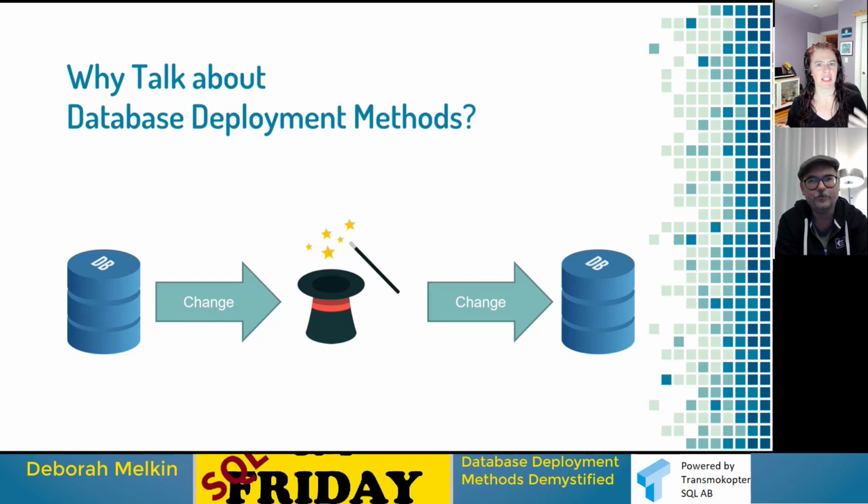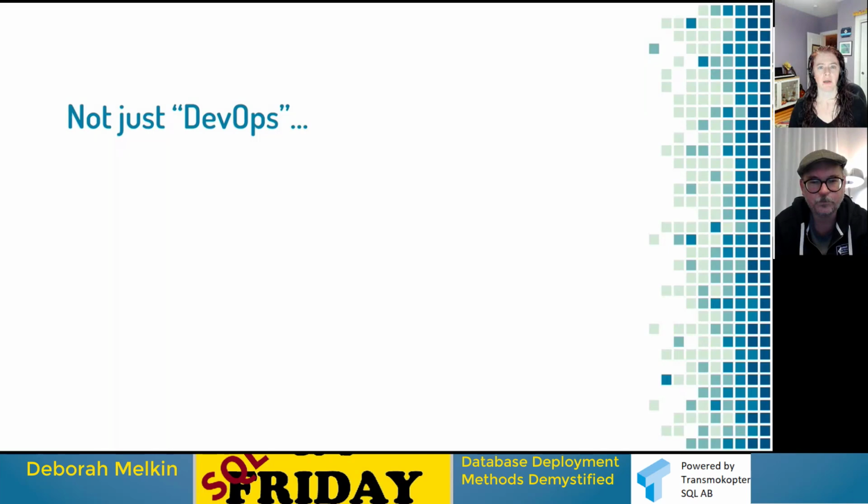I feel like it's very detail-oriented work, with planning and strategies and such. We kind of gloss over it: we have our changes, magic happens, and the changes get deployed wherever they need to be. But there's just so much more to it that I feel it's worth taking some time to go back and make sure we understand it.